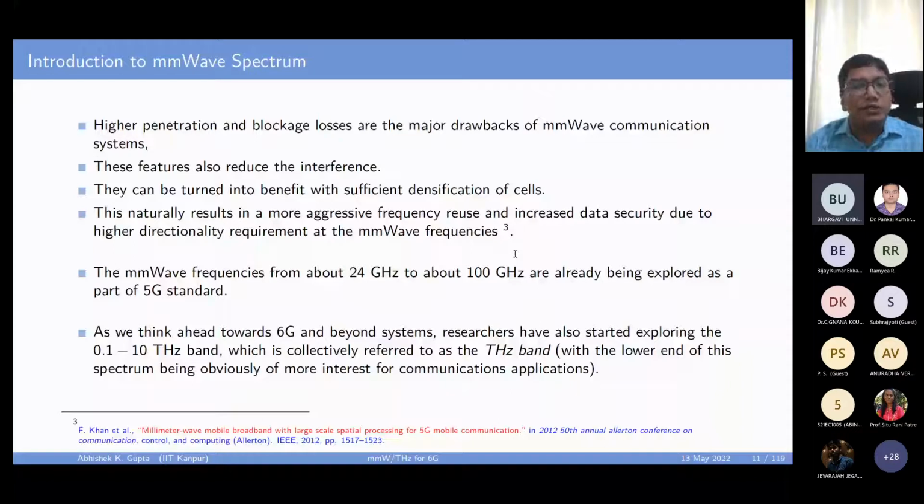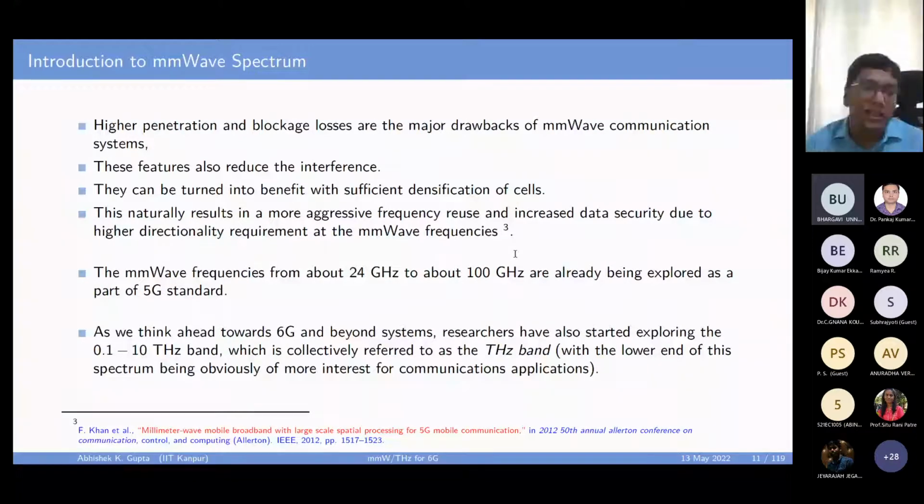Because of these two, it's natural that we can use more aggressive frequency reuse, and because the signal cannot go further away, you always have some kind of physical security because of directionality and the higher penetration losses. So the millimeter wave frequency from 24 gigahertz to 100 gigahertz is the main band which we are looking at in 5G.